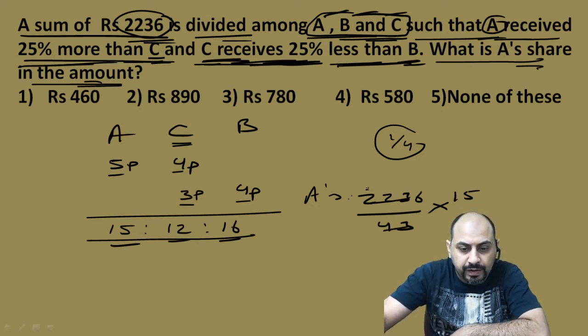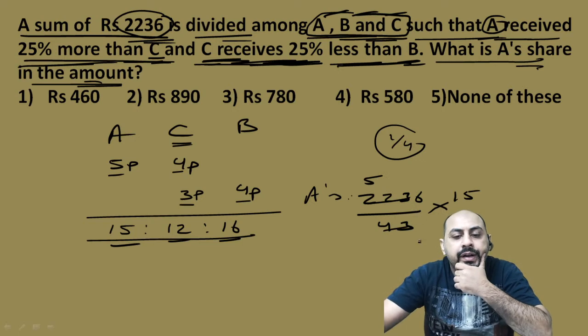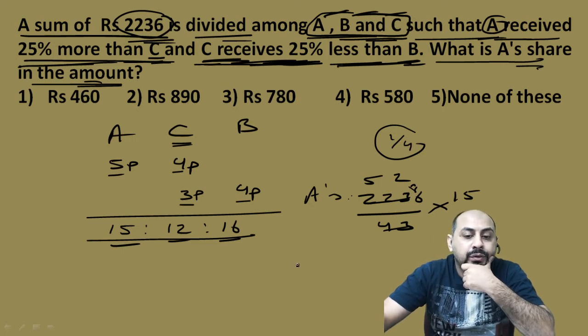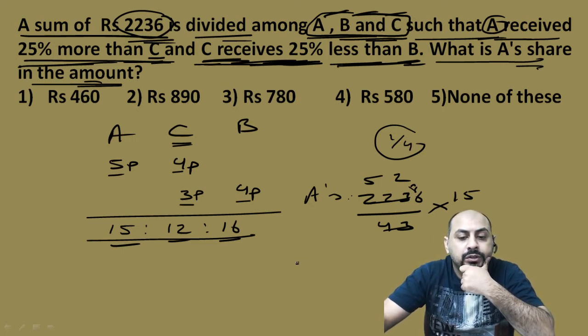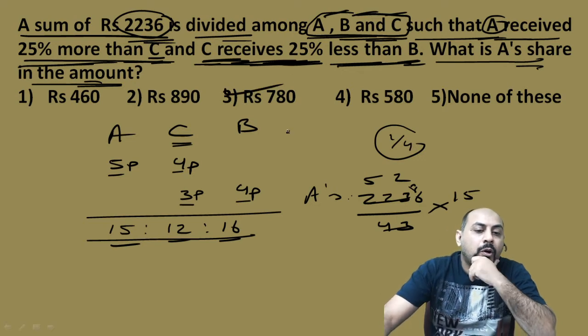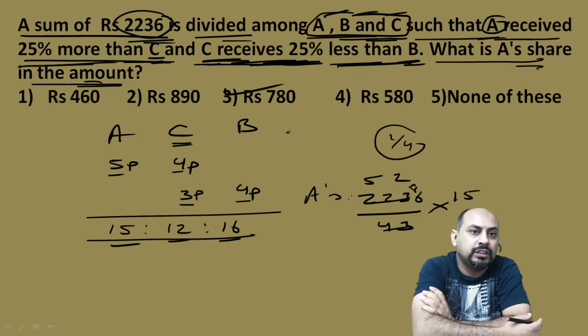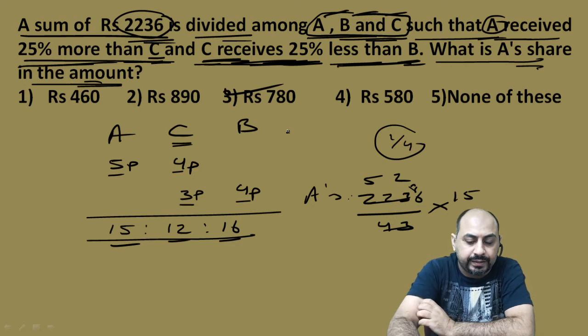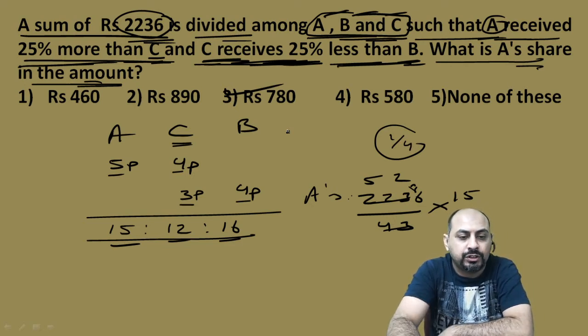Come on, this will be 52. 52 into 15 is 750 plus 30, 780. Yeah, option number 3 happens to be the correct answer. Yes, Anuj, your answer is absolutely correct. Let's move on to the next question.